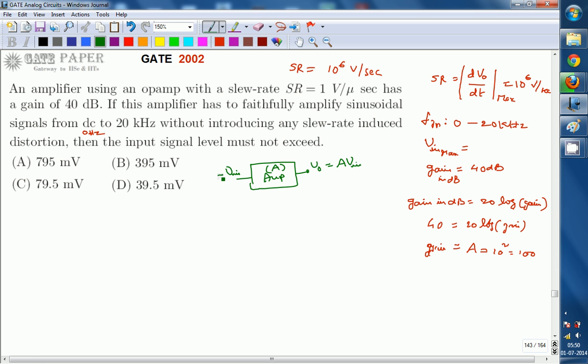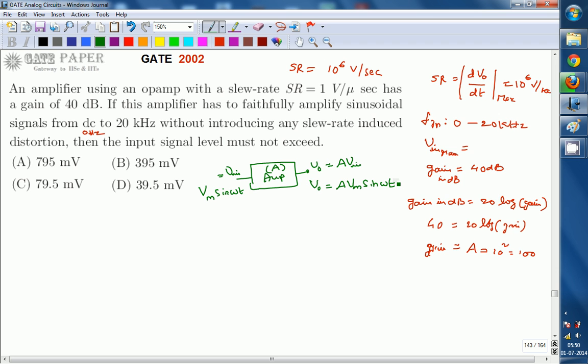Let us assume V input is Vm sin omega t, because it is a sinusoidal signal, where omega is 2 pi f. So V naught is equal to A times Vm sin omega t.